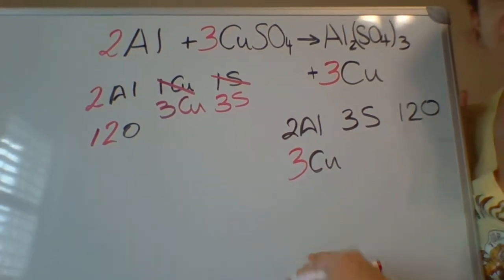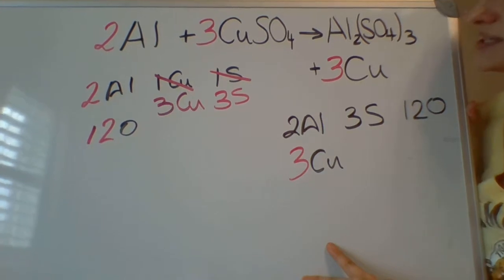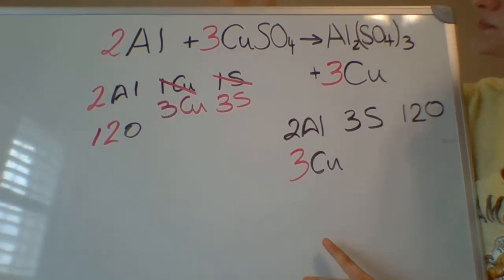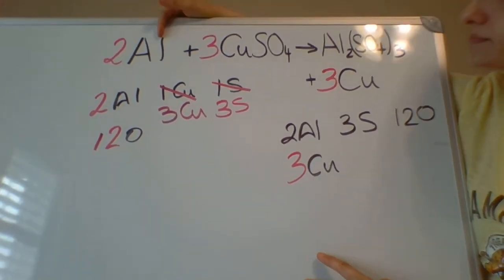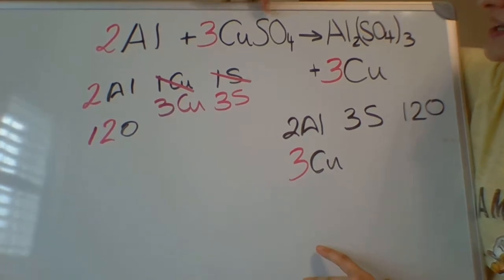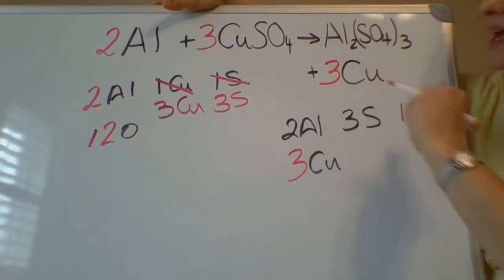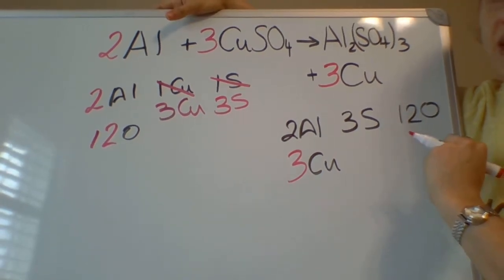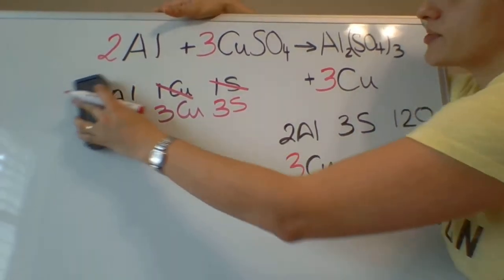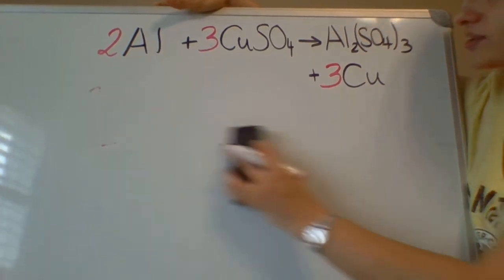Now let's look at the type of reaction that this is. So we have aluminum and copper sulfate giving us aluminum sulfate and copper. In this case, let me just erase this since we've already balanced our equation.